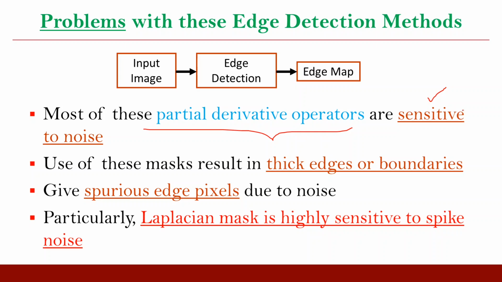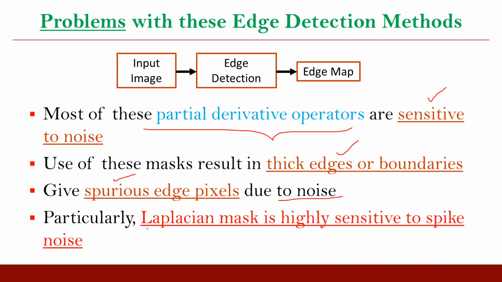So if noise is there, the difference will be magnified, and your operator will show an edge at a particular pixel, but that edge may not be the true edge. So all the operators we have discussed are very sensitive to noise, and they also generate thick edges. If noise is present, they generate false, spurious edge points.